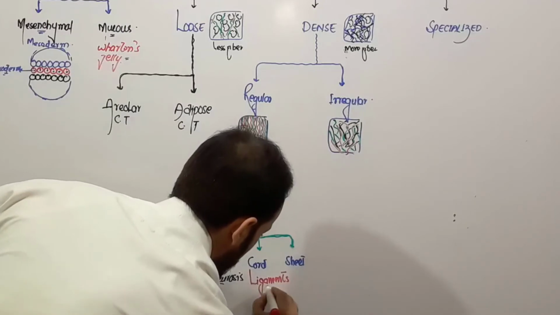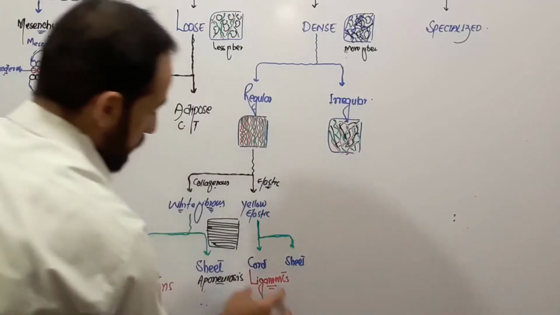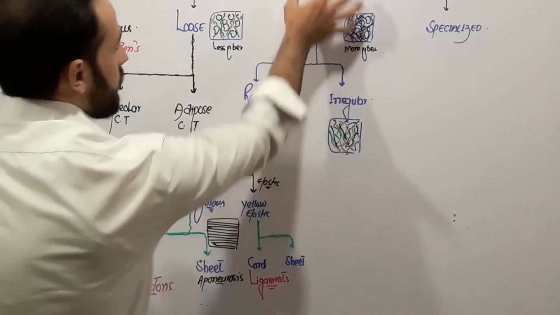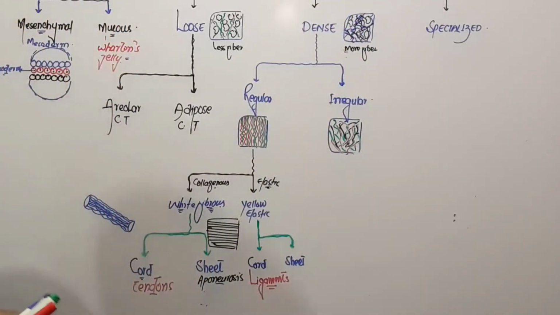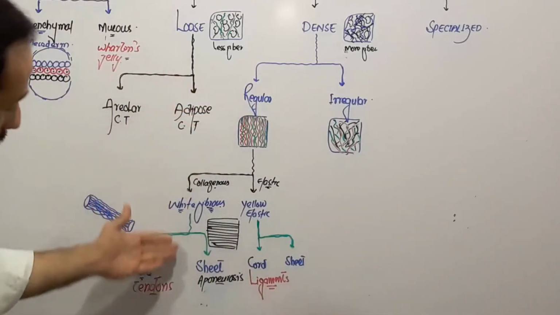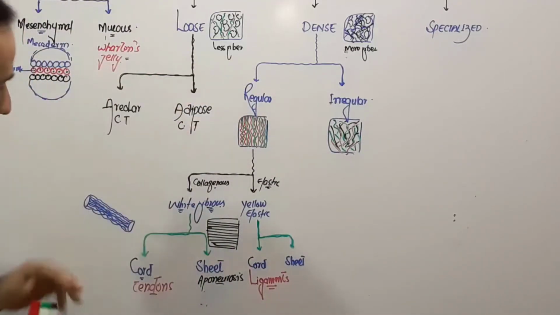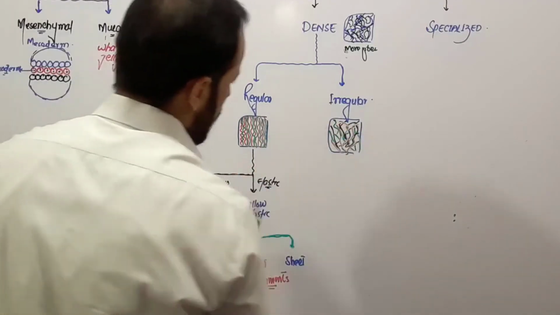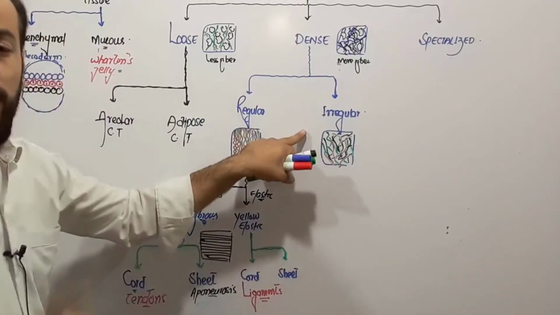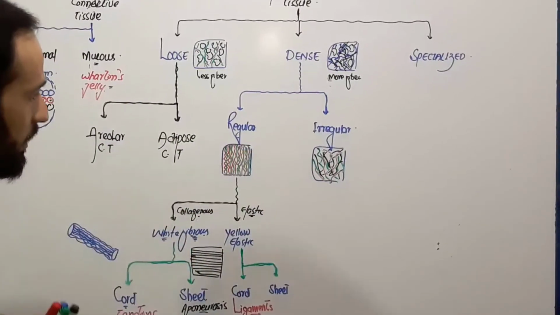So ligaments are the examples of cord, yellow elastic, regular dense connective tissue. I hope you understand about the classification of the regular dense connective tissue. Now irregular dense connective tissue are present in many areas of the body, and we will see them, don't worry, in the next coming lectures.